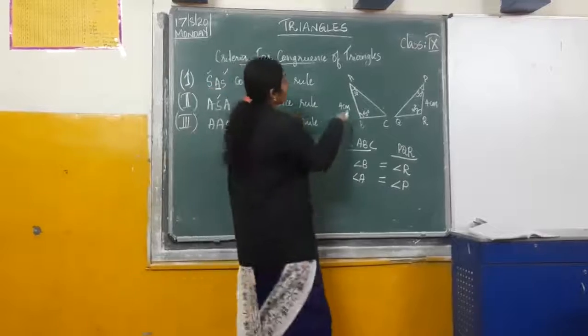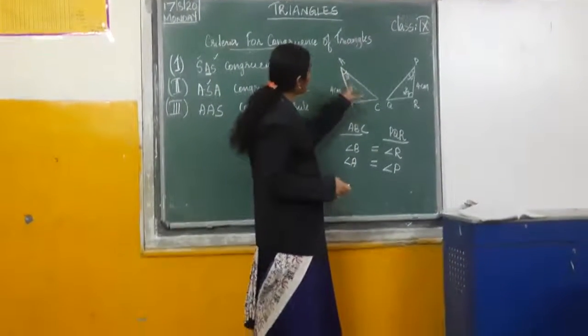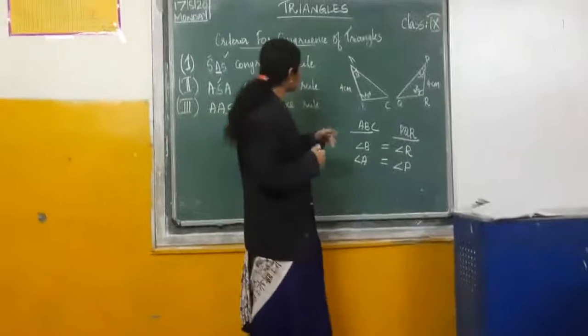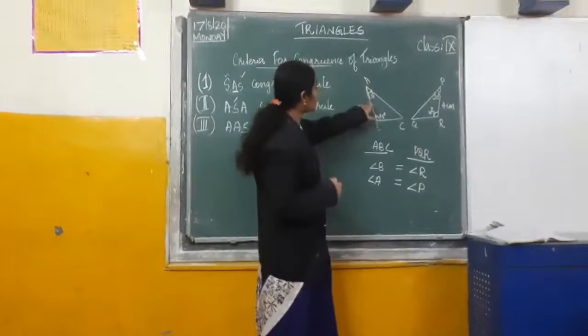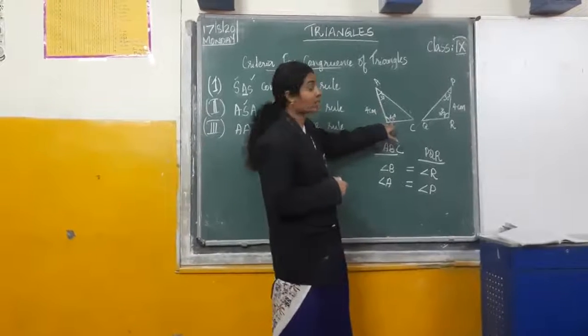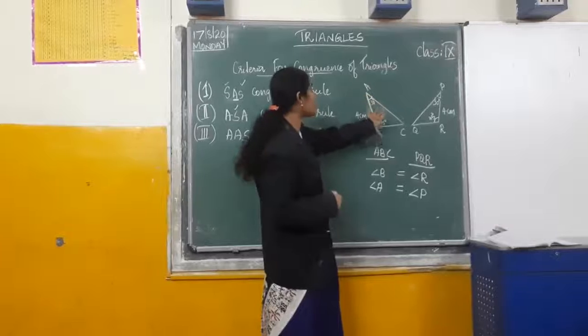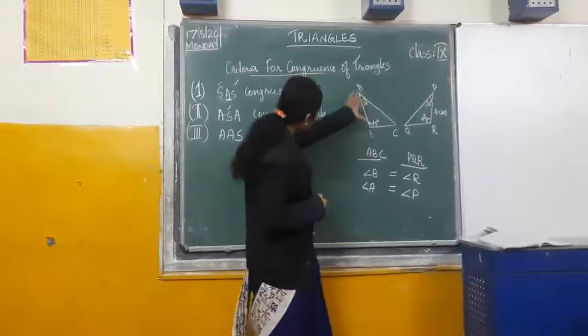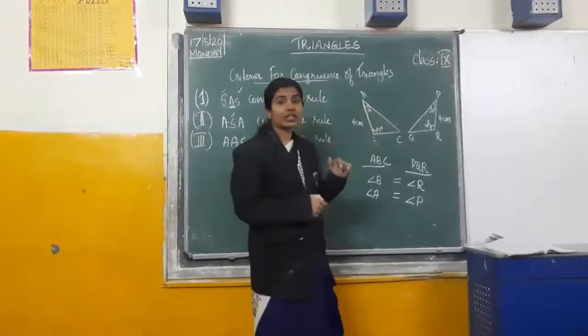Next you see this AB, side AB is included between these two angles, isn't it? See the given figure, the first triangle has 30 degree and 45 degree angles. So the 4 centimeter measurement is included between these two. So the line segment AB is included between 30 degrees and 45 degrees, isn't it?